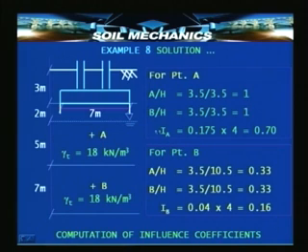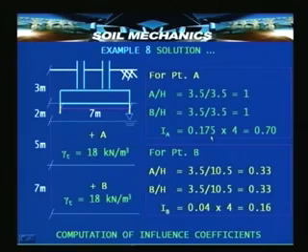That means the other dimension B upon H will also be 3.5 by 3.5, because this is a square foundation incidentally, and for A upon H equal to 1 and B upon H equal to 1, if you see Bushnell's chart, you will find that the influence value is 0.175.